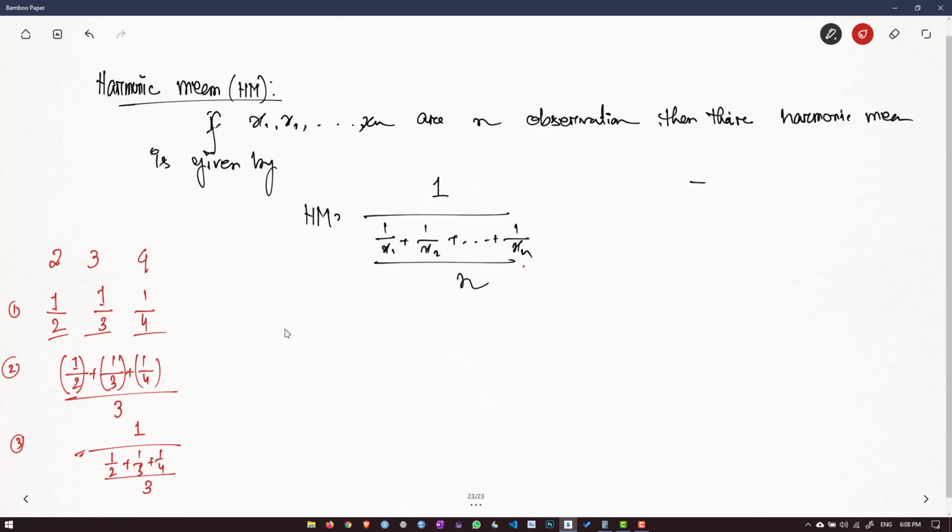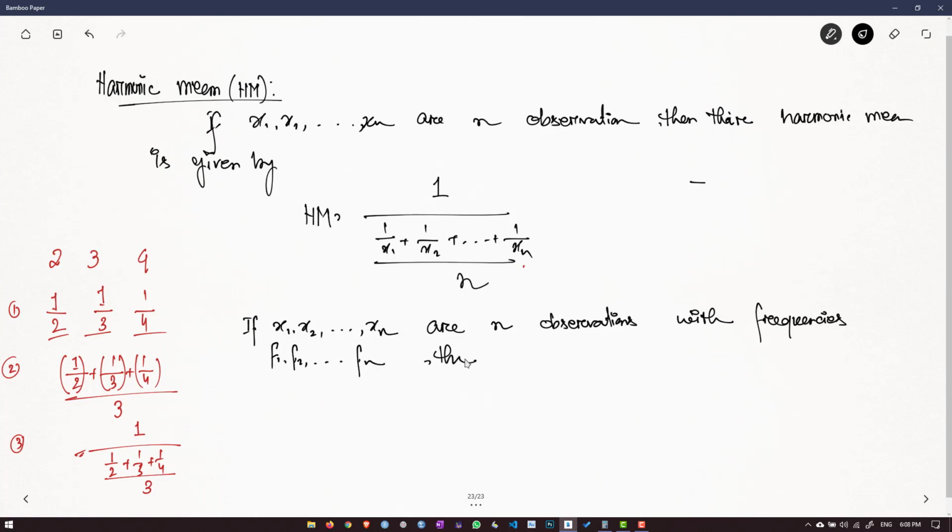Now in case of group frequency data, if x1, x2 up to xn are n observations with frequencies f1, f2 up to fn, then the harmonic mean will be capital N divided by f1 by x1 plus f2 by x2 up to fn by xn.